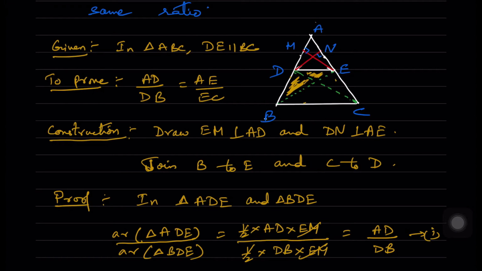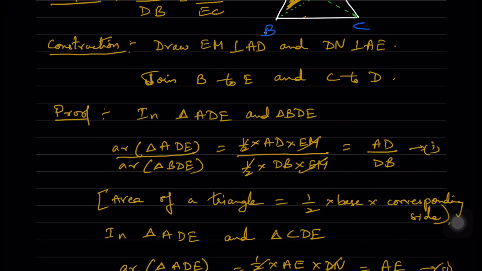Now when you are considering triangle BDE, the base of this triangle is BD and the height of this triangle is nothing but EM, because we are taking this as an external perpendicular, it makes an angle of 90 degrees externally. So therefore you consider EM also as the height of the triangle BDE. Taking this into consideration, we'll prove this now.